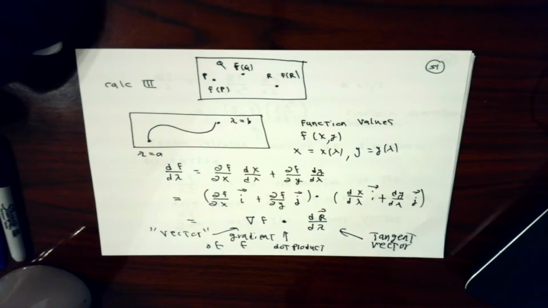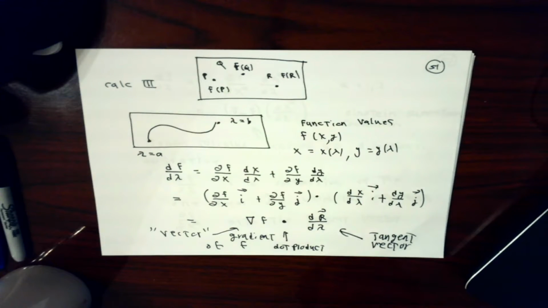In third semester calculus, you had an idea called the directional derivative. You had some function f that depends only on the location within the space. You think of traveling along some curve from some specific point to a specific ending point.